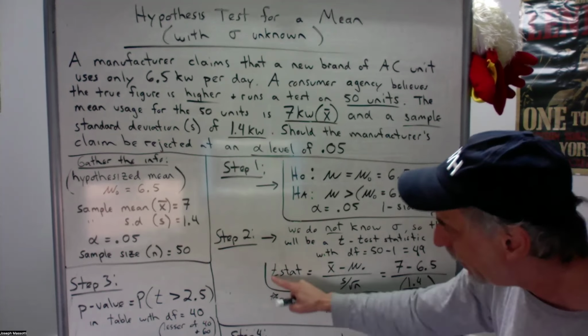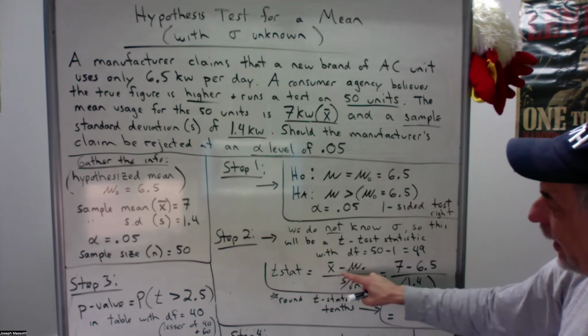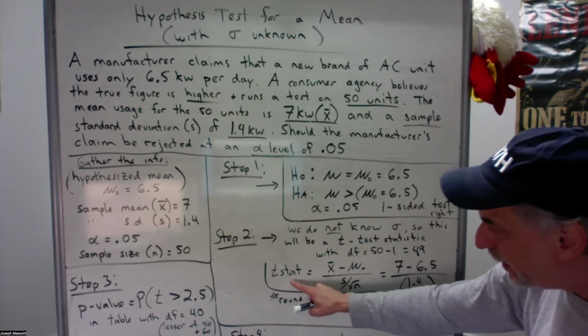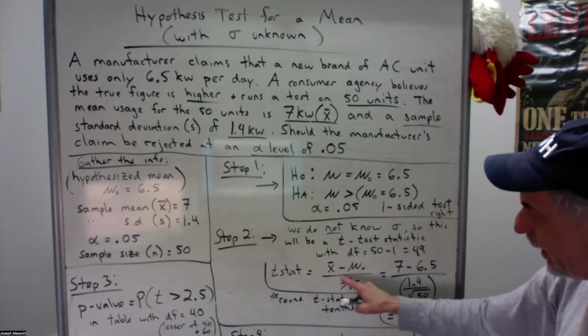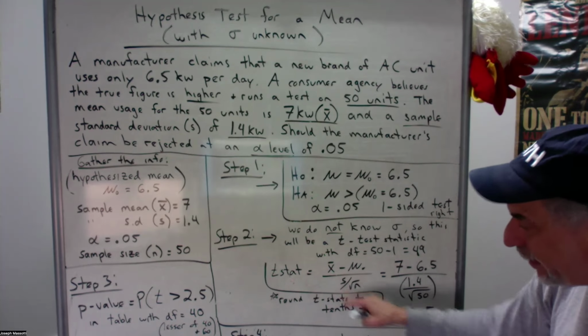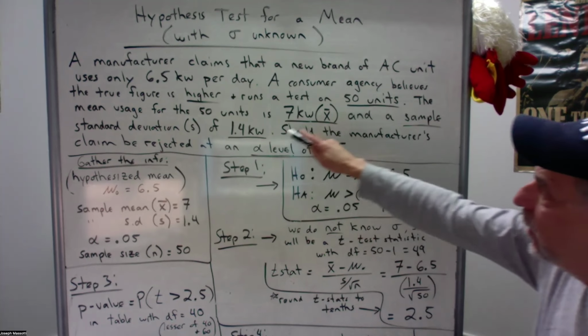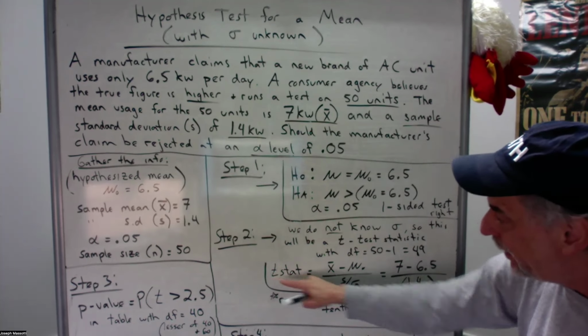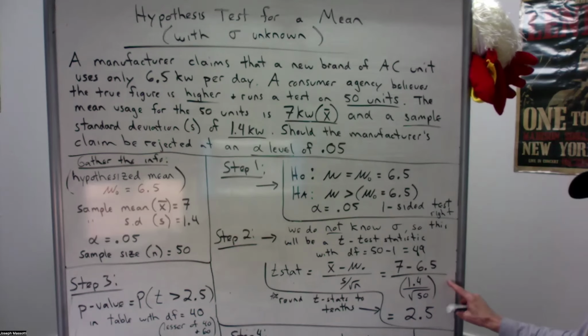Our t-statistic is the sample mean minus the hypothesized value, divided by something. Now, the only thing that differs between the t-statistic and the z-statistic is this right here. Remember, for the z-statistic, that was sigma. We don't have sigma. We have to use S, and that's why it becomes a t-statistic. So we perform that calculation.